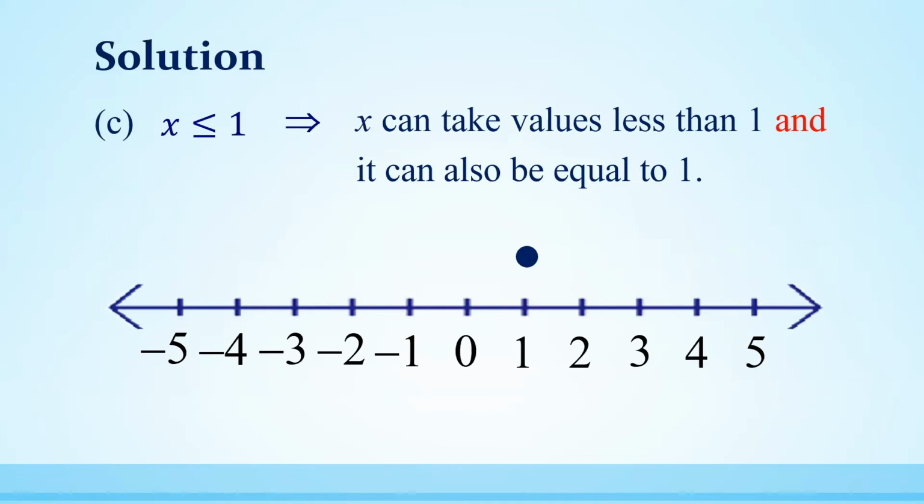Here we are going to have a shaded circle at 1, or we sometimes call it a full circle. Shaded circle would imply that x can be equal to 1. Now, x less than or equal to 1 would mean that I have to move to the left. So here is the representation on a number line.